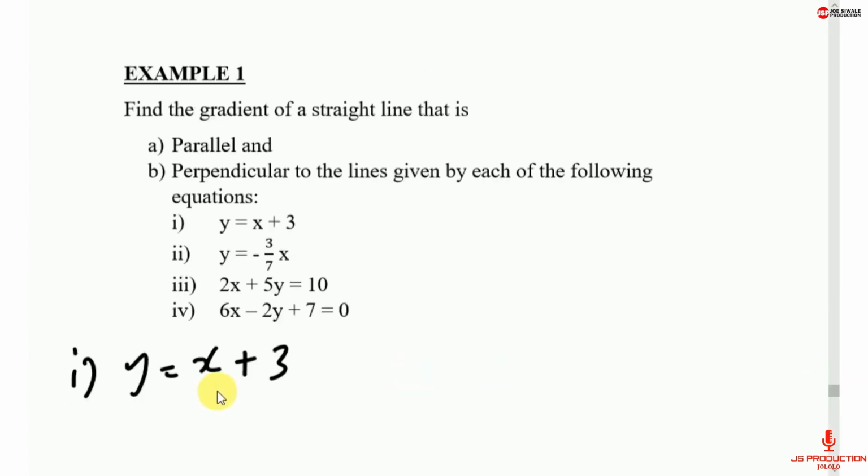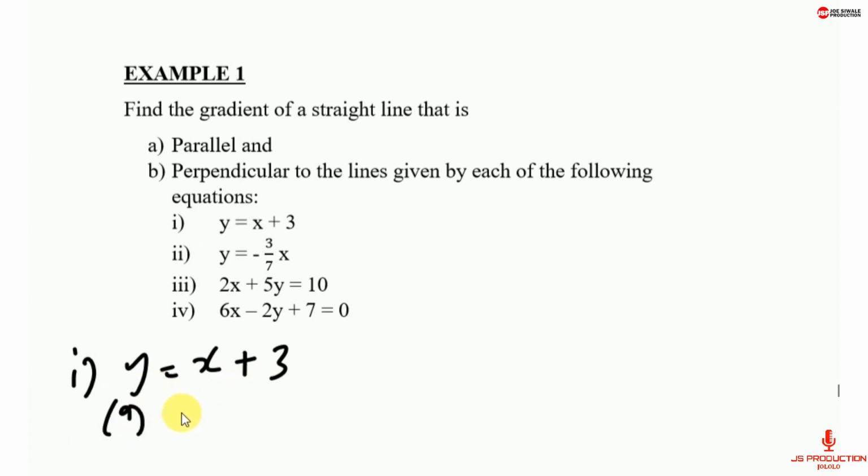For A, I'm supposed to calculate the gradient of the line which is parallel to this line, and for B, the gradient of the line which is perpendicular to this line.